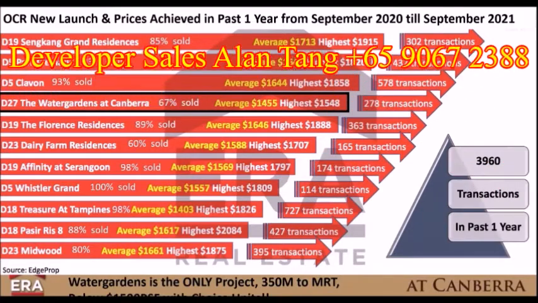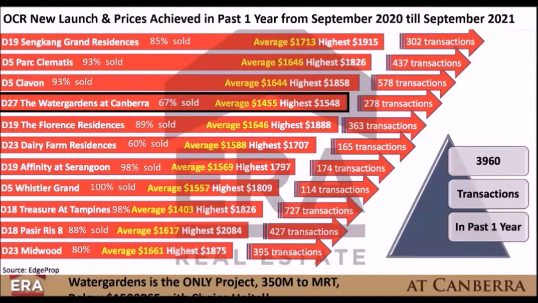One thing I would like to highlight is that these top selling projects did not start at 1,006 PSF. Treasure at Tampines, when it started, was barely at 1,003. For the bigger unit types such as the 4 bedroom and 5 bedroom, they were only at 1,001 PSF. Later, I will show you the available stock and what prices they are calling in today's market.